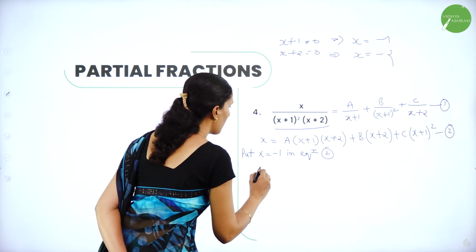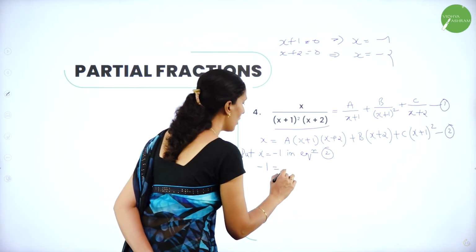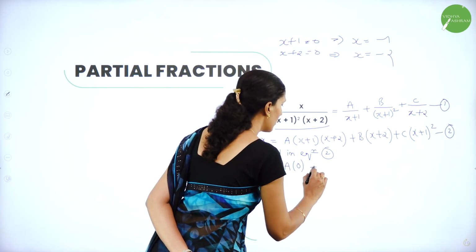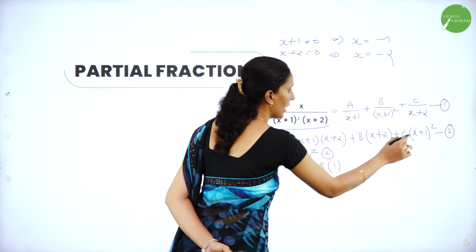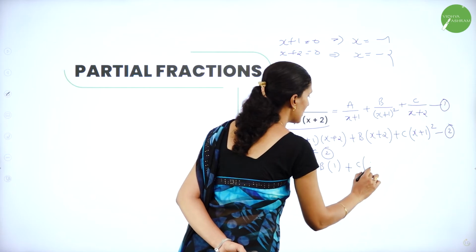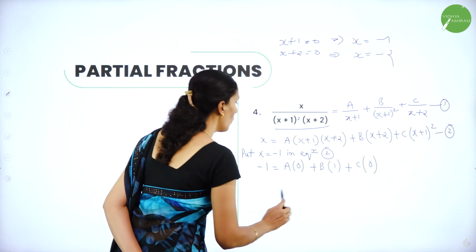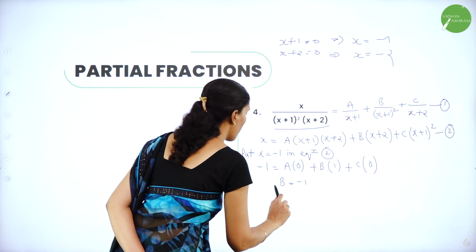What we get? −1 is equal to, −1 plus 1 becomes 0, so therefore a complete term is 0. And here b into (−1 + 2) is 1. And here c becomes 0 because −1 plus 1 cancels. So now we are left with b is equal to −1.